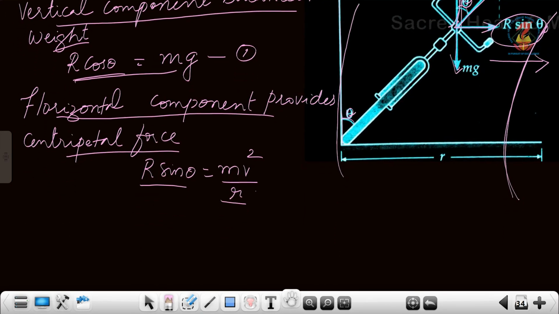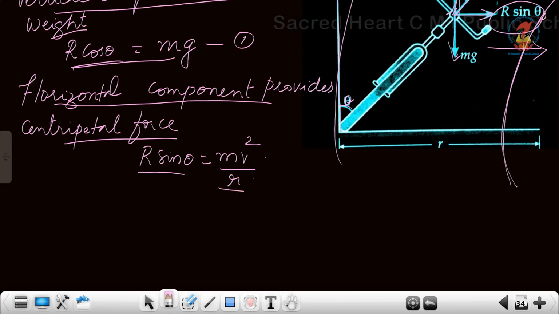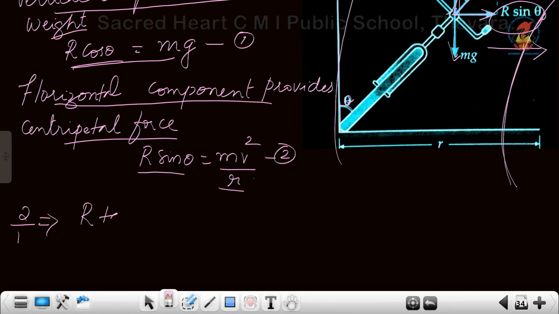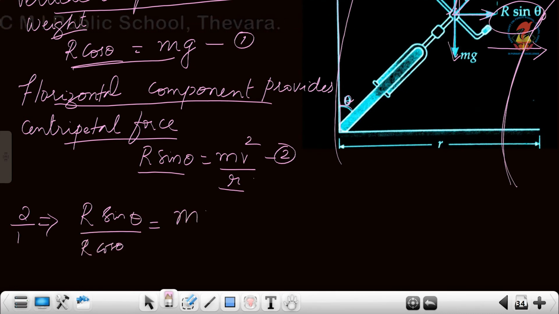Now I am going to find out what is the value of velocity. So what must I do? This is equation 1, this is equation 2. So equation 2 by 1 gives r sin theta by r cos theta is equal to (mv square divided by r) divided by mg.